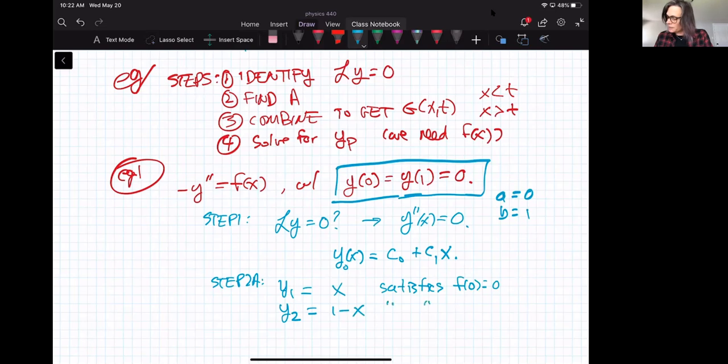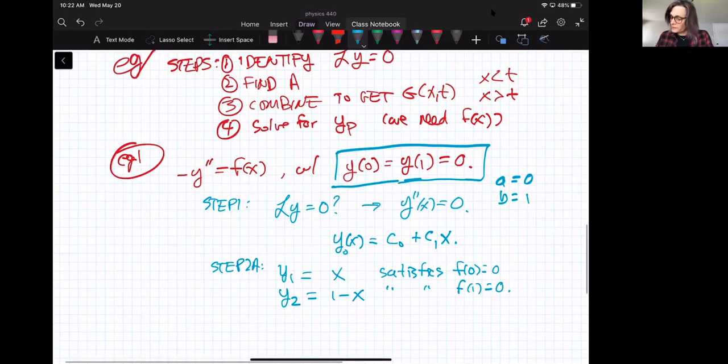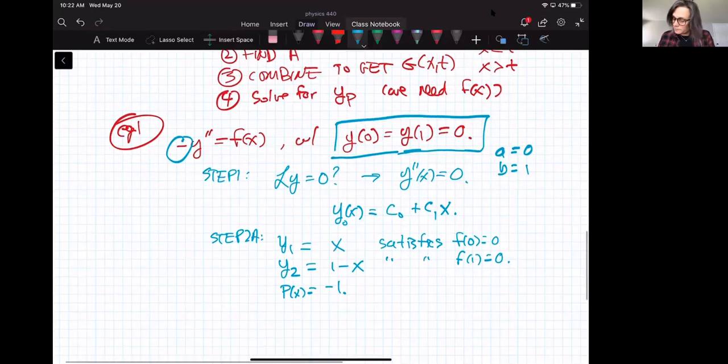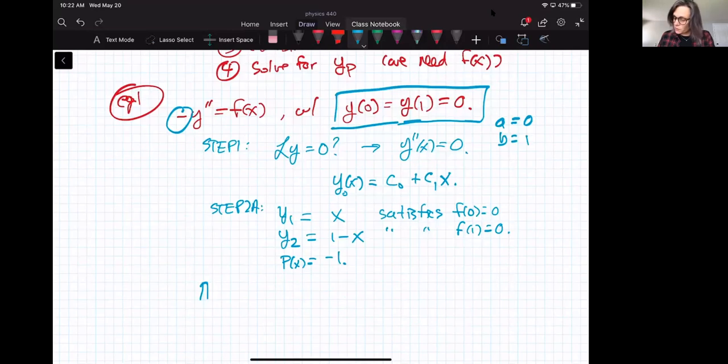This satisfies that. Okay. The only other piece that we need for solving for A is identifying what p of x is, but that is minus 1. That's just up here. Okay. So now we're in a position to find A. A is equal to 1 over minus 1 times x times minus 1 minus 1 minus x times 1.